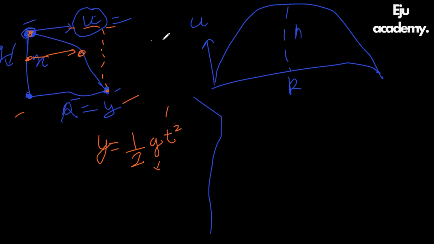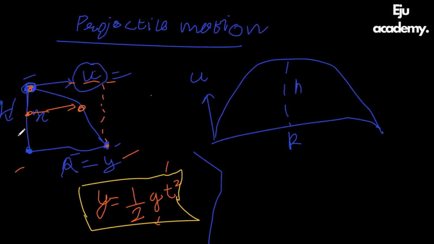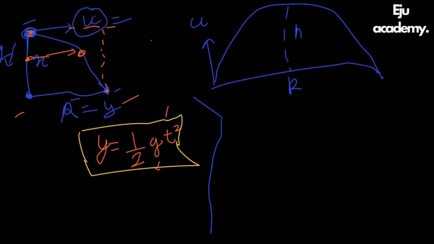Let's take another color. So it's going to be the horizontal distance. Let's take x now. X is equal to initial velocity into time traveled, ut.